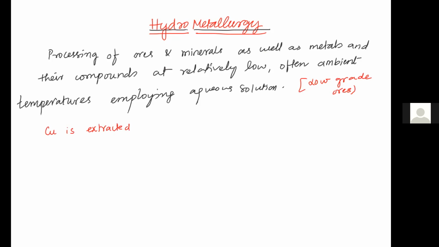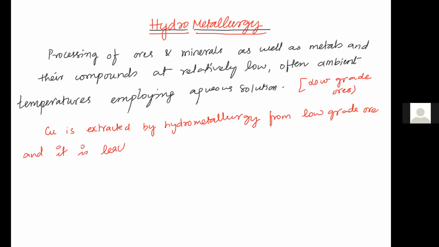So copper is extracted by hydrometallurgy from a low grade ore, obviously. And it is leached out. Leaching is a chemical method. It is leached out using acid reacting with the chemical and bacteria.